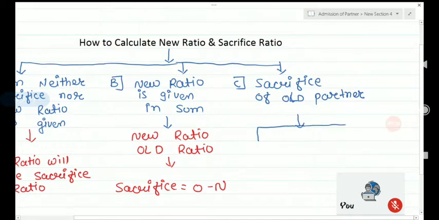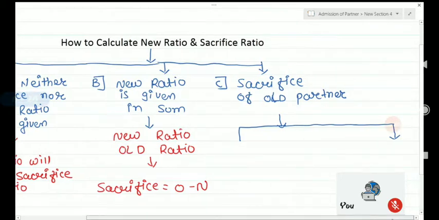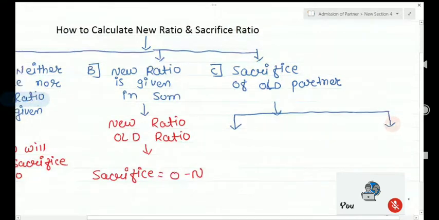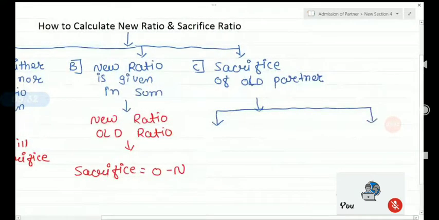Partners will sacrifice in two ways. On one hand, sometimes partners sacrifice from their own share. Partners are sacrificing sometimes from their own share.